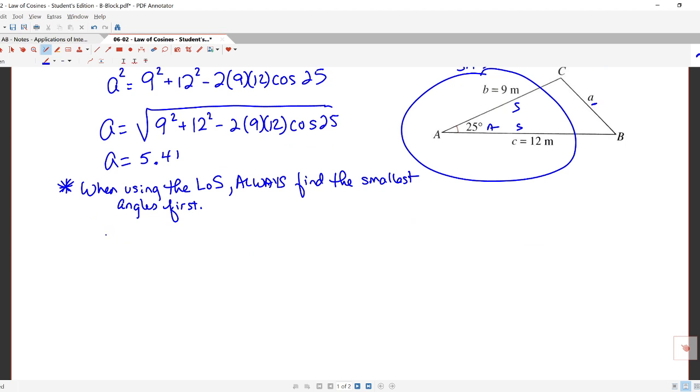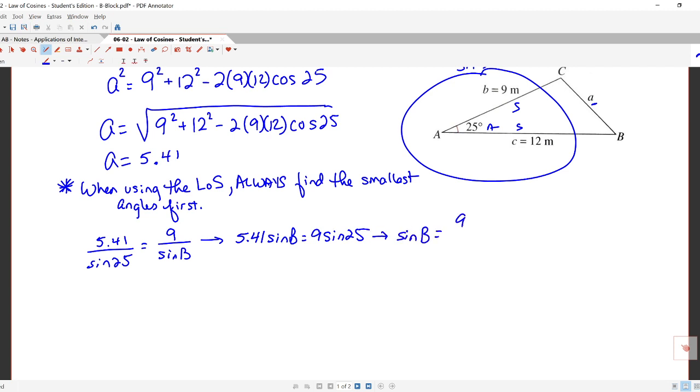So I'm going to go a over sine A: 5.41 over the sine of 25 equals b over sine B. Cross multiply, divide both sides by 5.41, and then take the sine inverse.